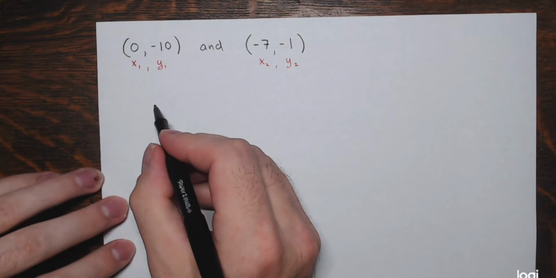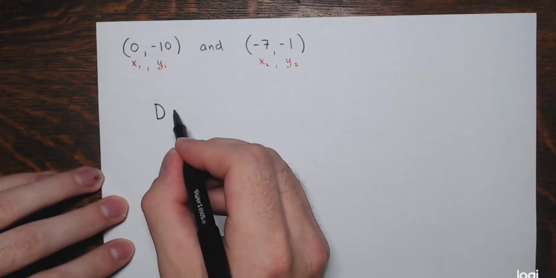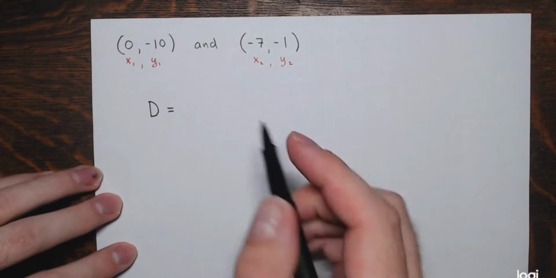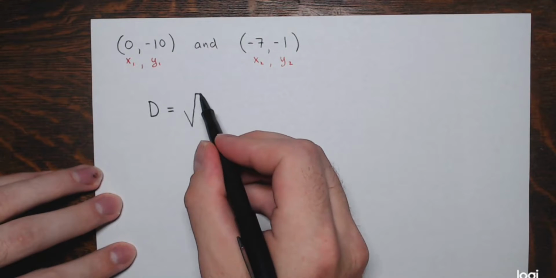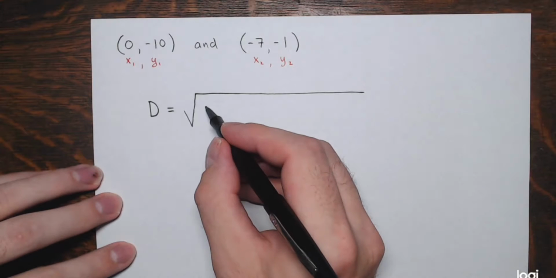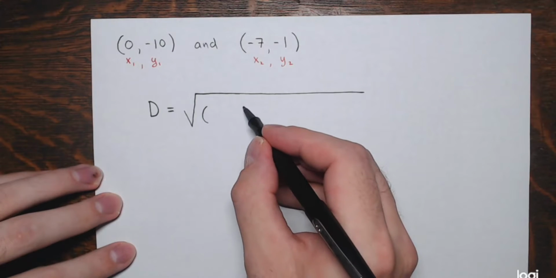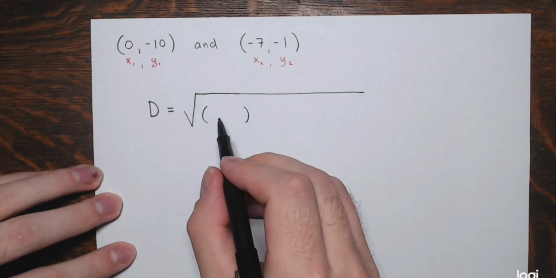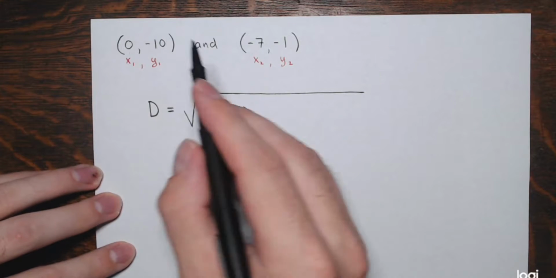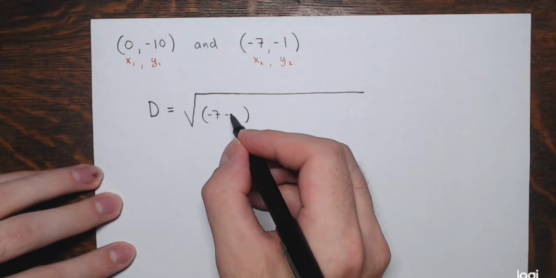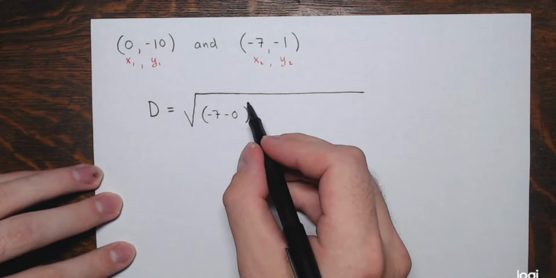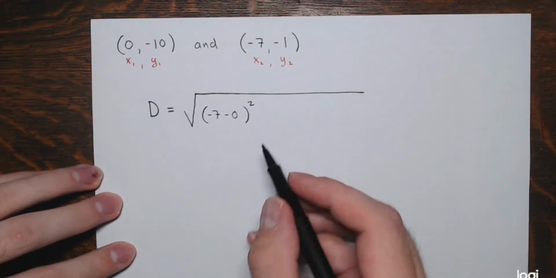The distance between them on the coordinate plane, if you were to draw it and measure it out, would be the square root of, the horizontal leg of the right triangle, x2 minus x1: negative 7 minus 0, the change in the x coordinates, squared after you're done.